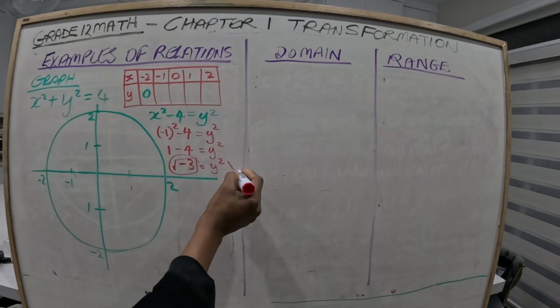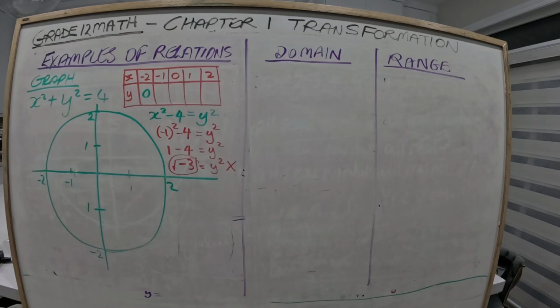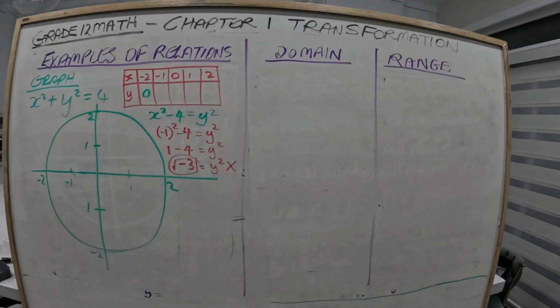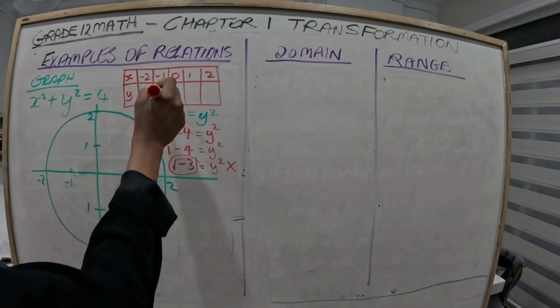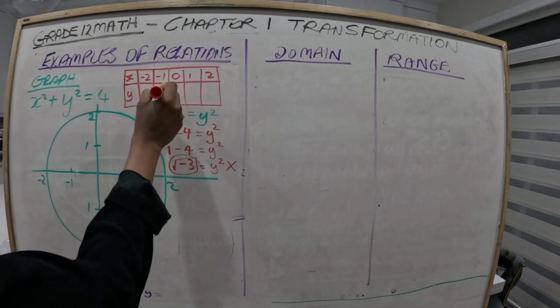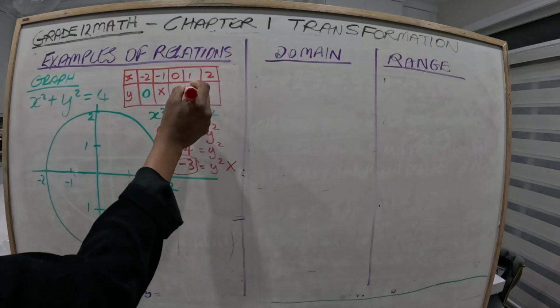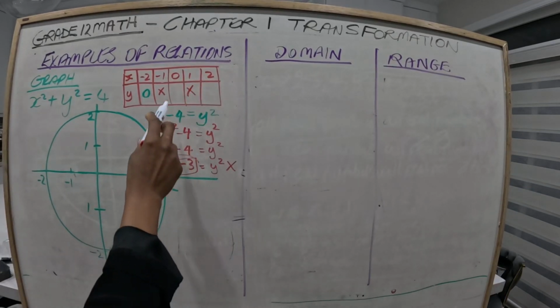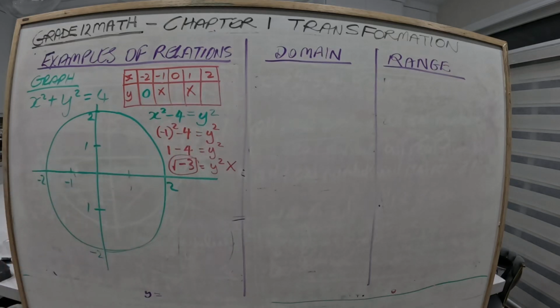So this is not possible. So there's no value for that. And this won't have a value either, because the same thing will happen when you square 1. And that's the reason why you have a circle.